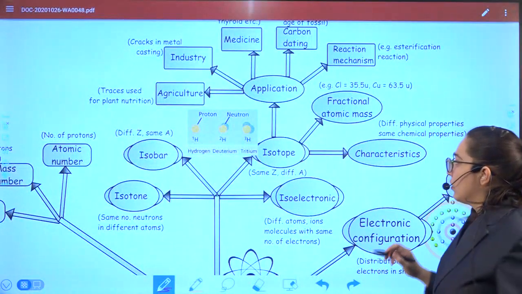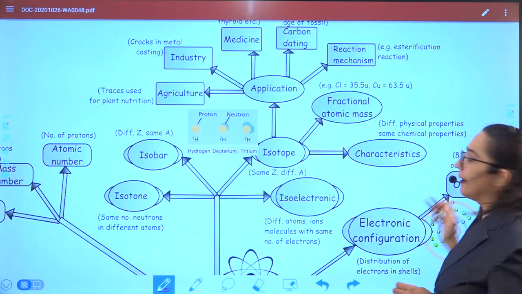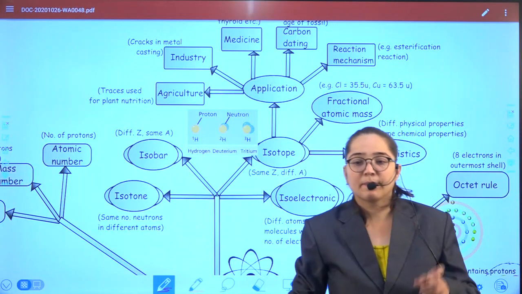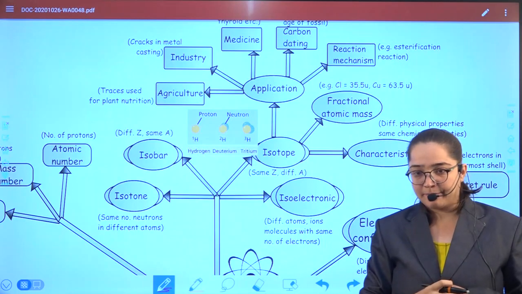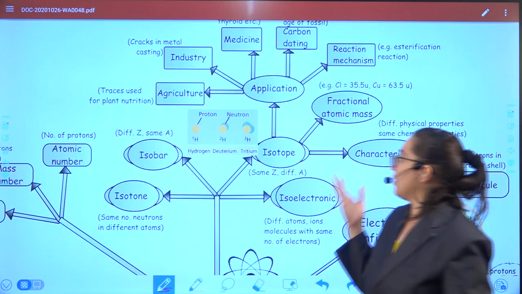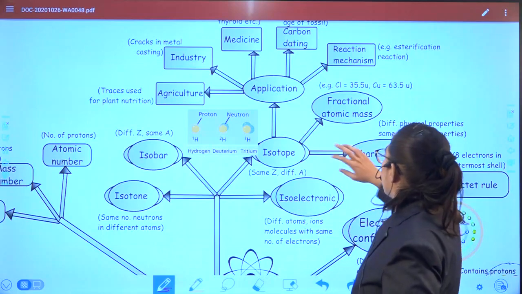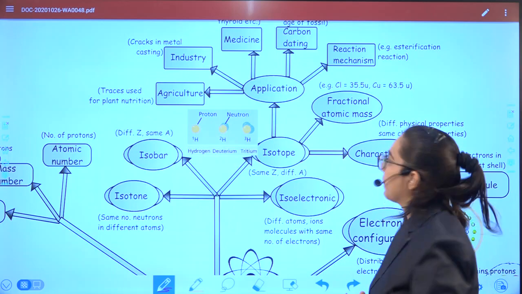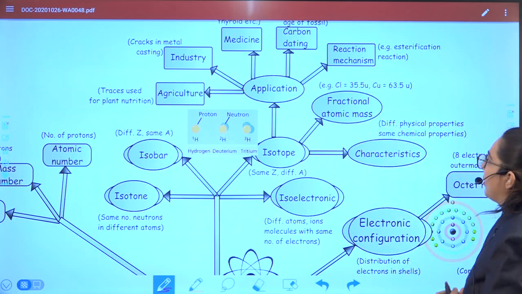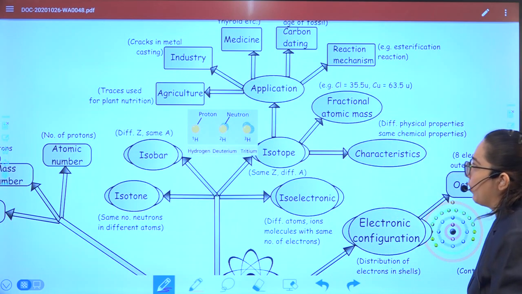So if you talk about isotopes, these have different physical properties, but the chemical properties are the same. Most of the time they have a fractional atomic mass, like chlorine having 35.5 and copper having 63.5.